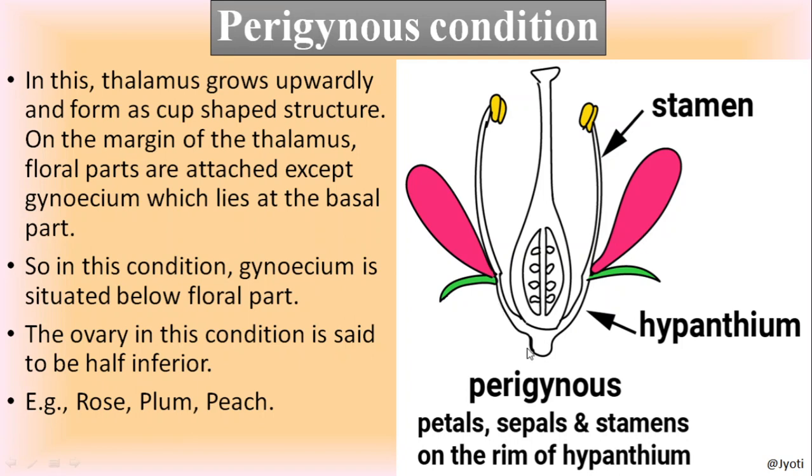Here it is called perigynous because the thalamus develops up to a certain height of the ovary, and after that the floral leaves are developed, that is calyx, corolla and stamens. That means it is half inferior or half superior, you can see. Such type of condition is called perigynous.